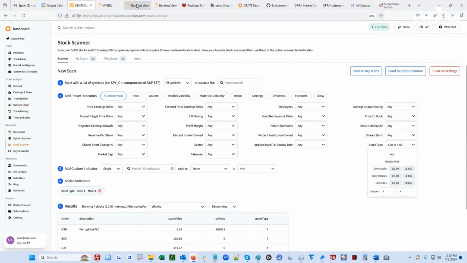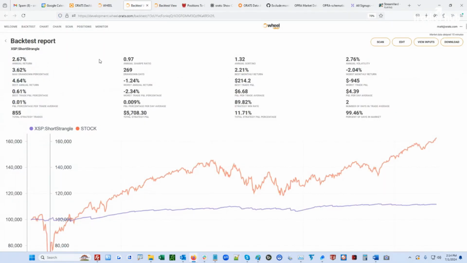And I think the next thing to do is to talk about what we see in similar backtests with XSP, again with a very similar stock price to SPY.